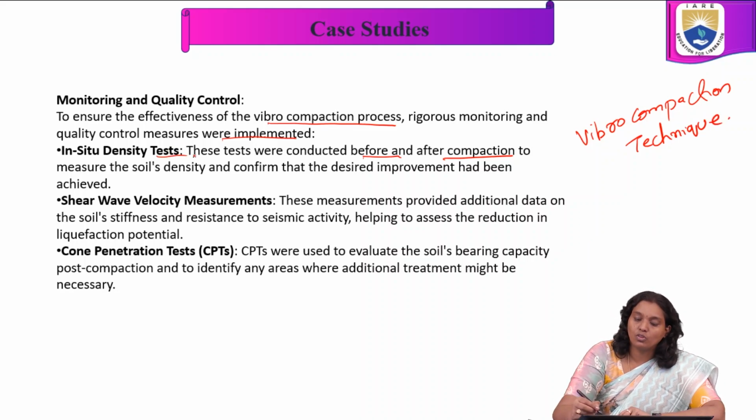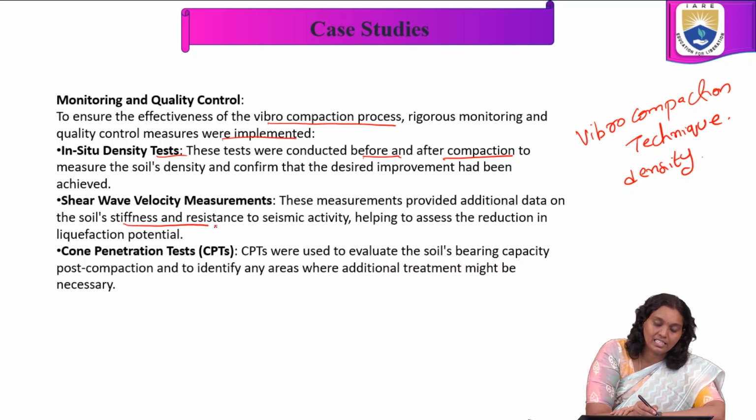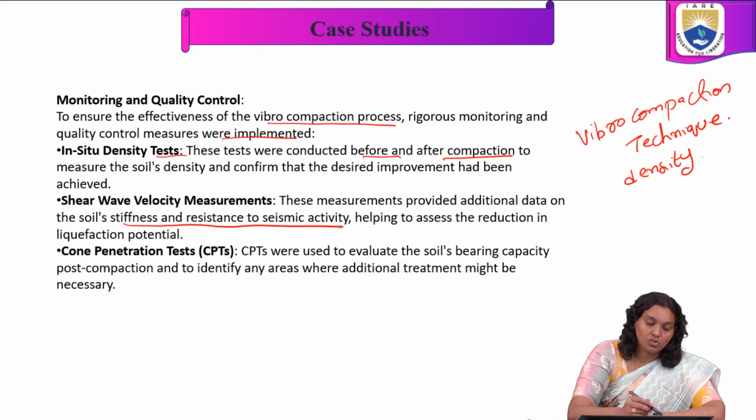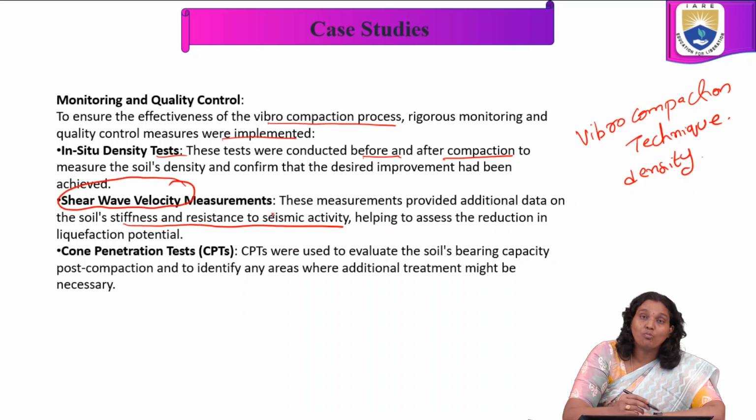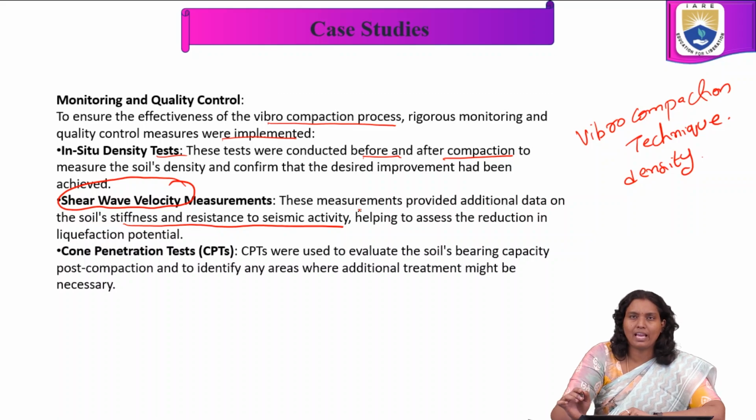We measure properties like density before and after, and confirm that the desired improvement had been achieved. In shear wave velocity measurements, these measurements provided additional data on the soil's stiffness and resistance to seismic activity, helping to assess the reduction in liquefaction potential.